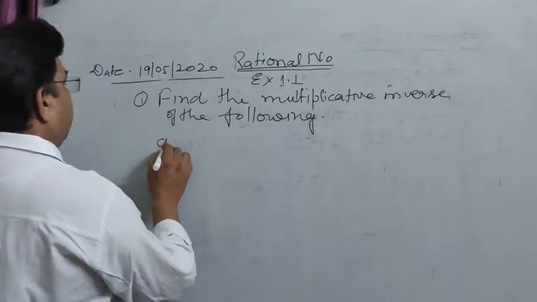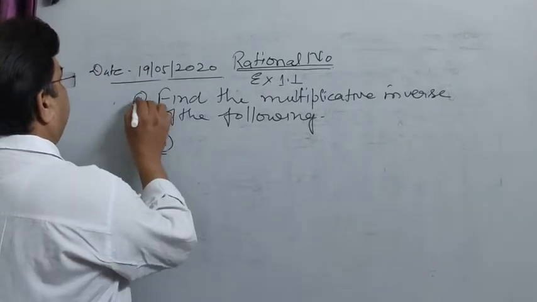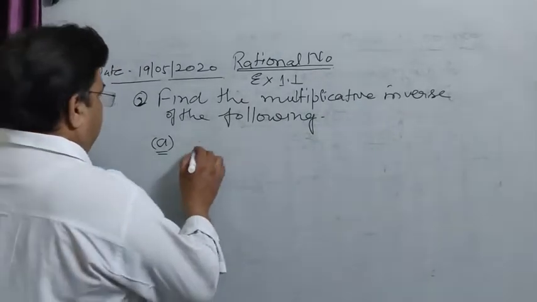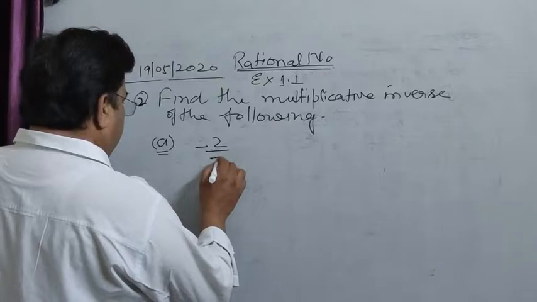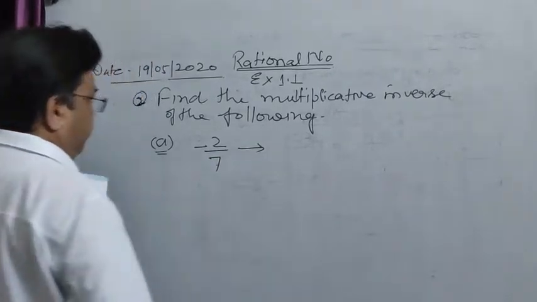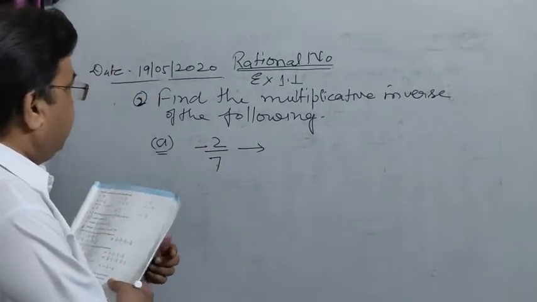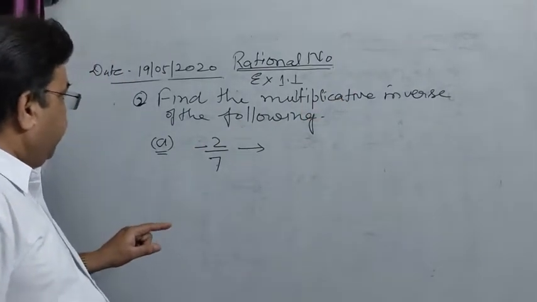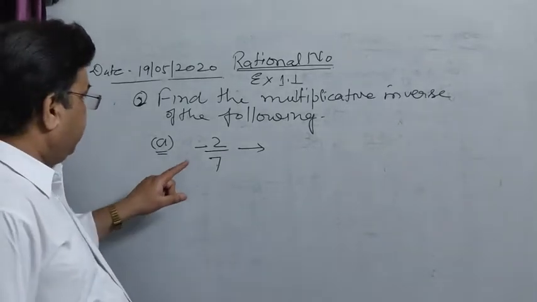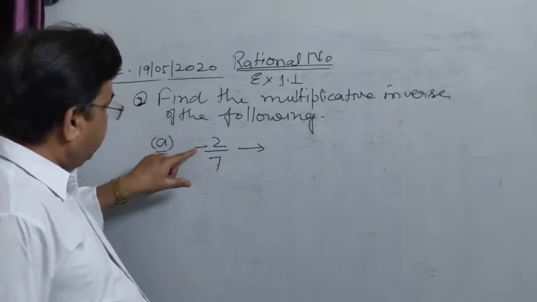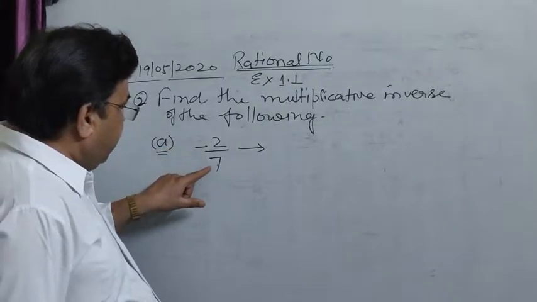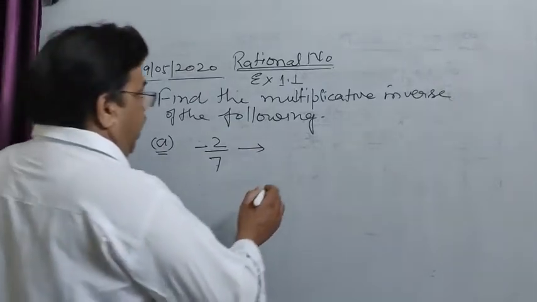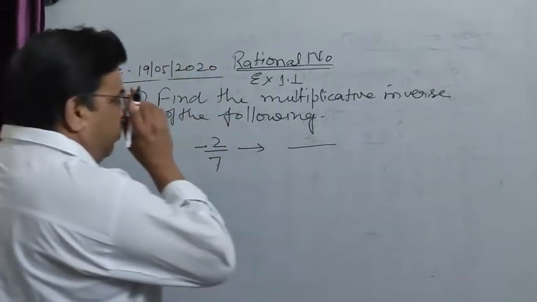I am solving the first part of the second question. You have to write the multiplicative inverse of the given number. We are given minus 2 by 7, and we have to write the multiplicative inverse of this number.